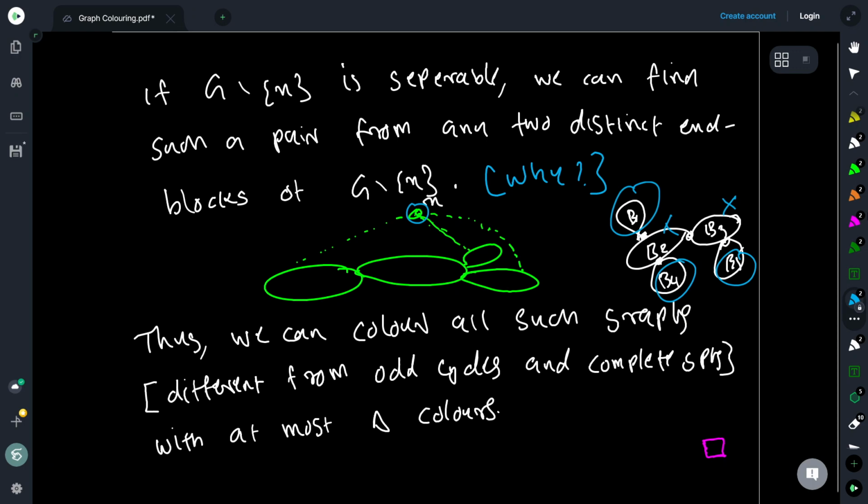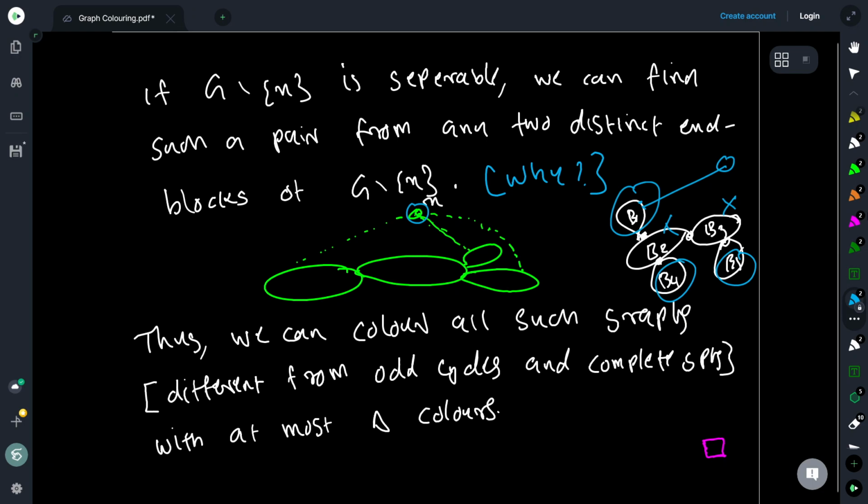Now the property about this is that if there is an end block, I start with a two connected graph, and after removing one vertex, I have cut vertices and there are some end blocks. Each end block must have some neighbor of the vertex x, because if not, the graph originally cannot be two connected.